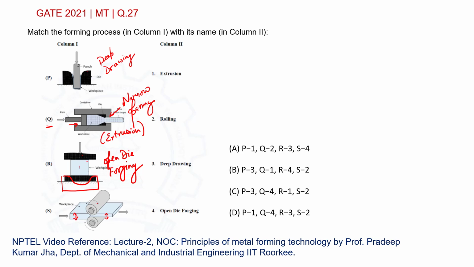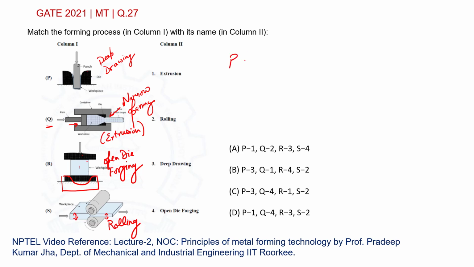And since we are using two rollers, this operation is known as rolling operation. These two rollers apply compressive stress. One real life example I can quote is the sugarcane juice machine. There the sugarcane is made to pass through such rollers to squeeze out the juice from the sugarcane. So that is a kind of rolling operation.